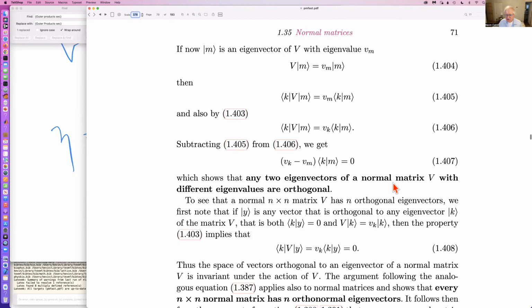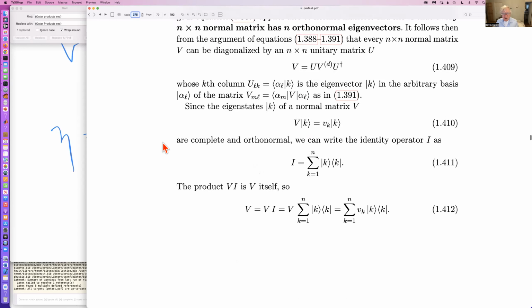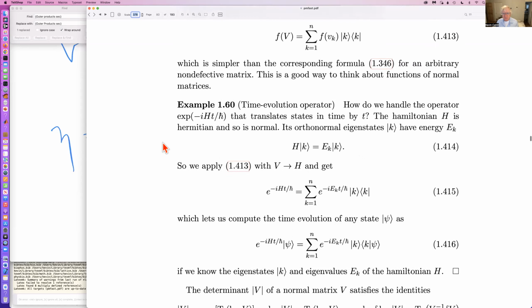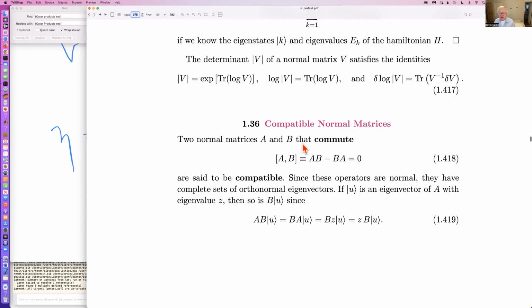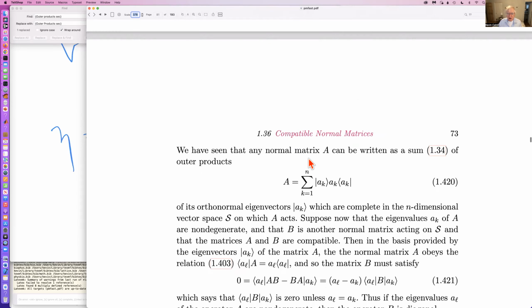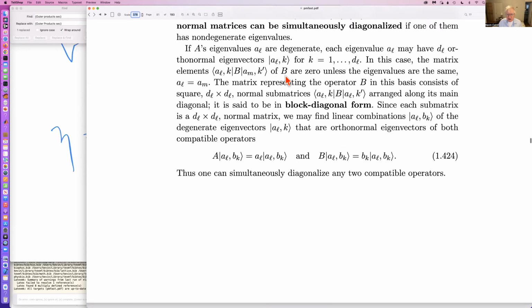And any two eigenvectors of a normal matrix with different eigenvalues are orthogonal. And every n by n normal matrix has n orthonormal eigenvectors. So the normal matrices are a natural generalization of the Hermitian matrices, with almost as many good properties. The time evolution operator is obviously of this form. Two normal matrices are compatible if they commute, and then they can be simultaneously diagonalized.